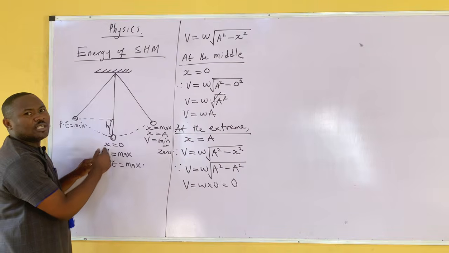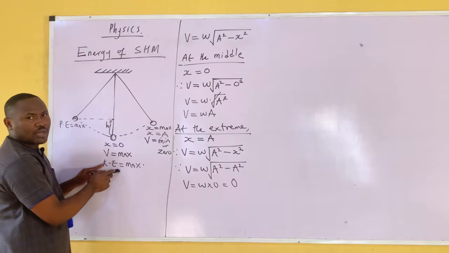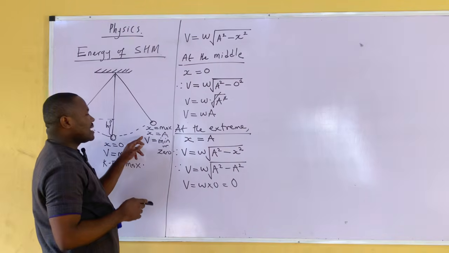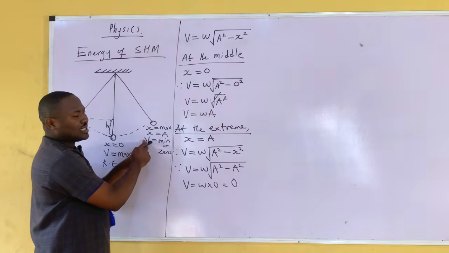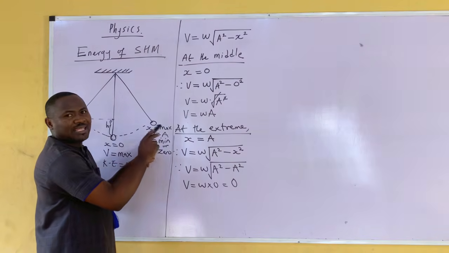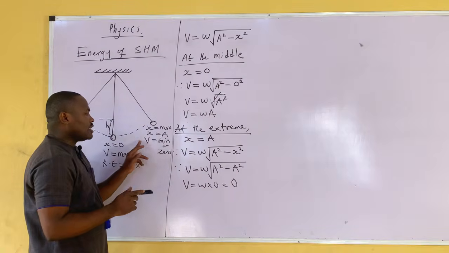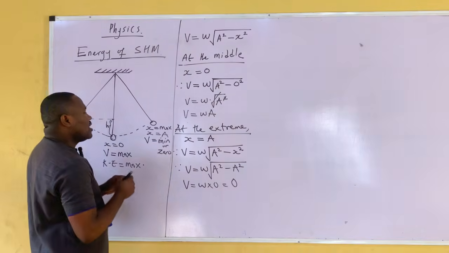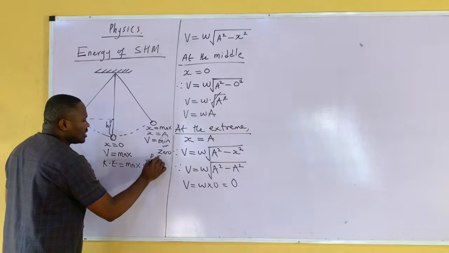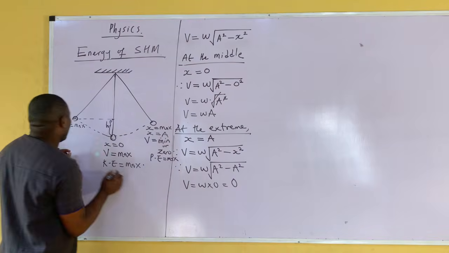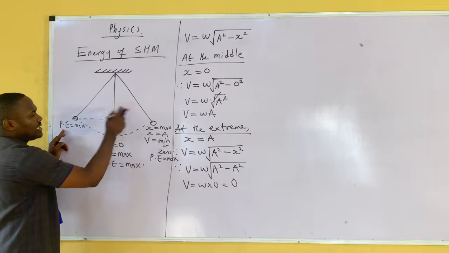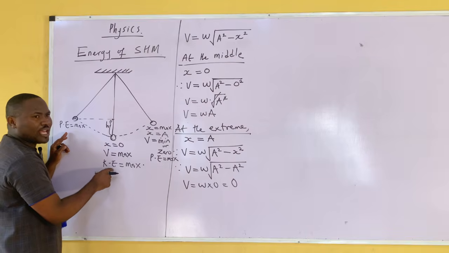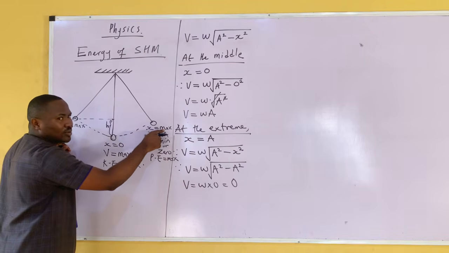Then we said velocity is minimum or 0 at the extremes. If velocity is minimum, it means potential energy is maximum at the extreme. So at the extreme, potential energy is maximum, but at the middle, kinetic energy is maximum. At the extreme, x is maximum displacement.